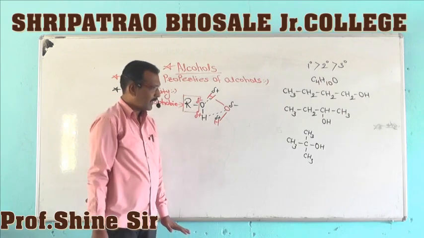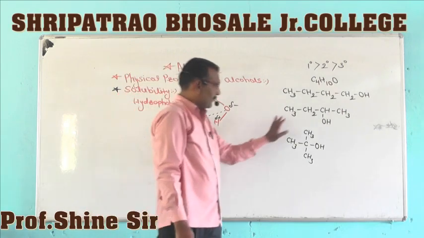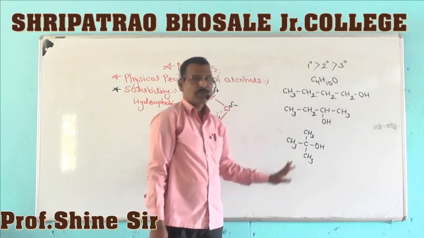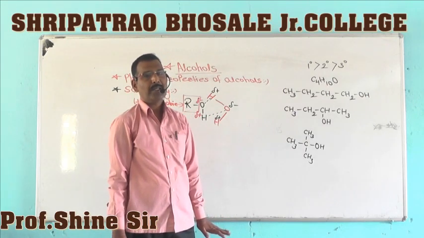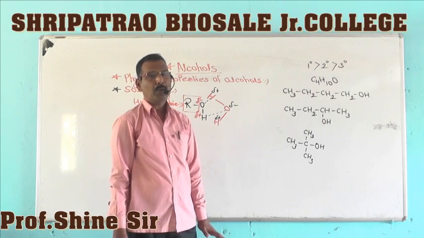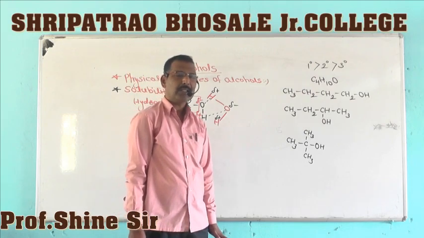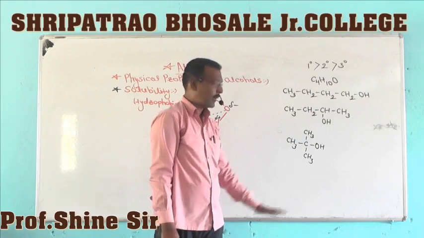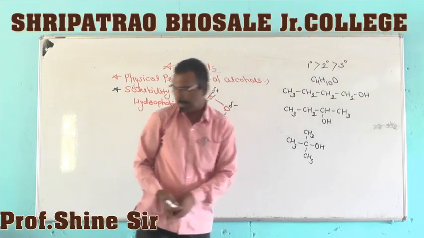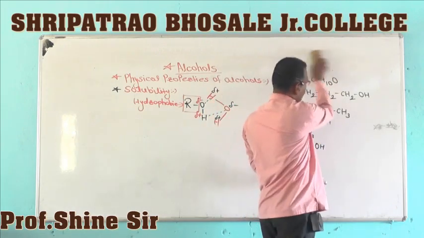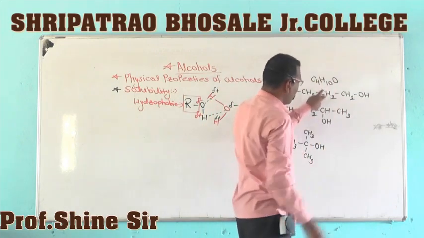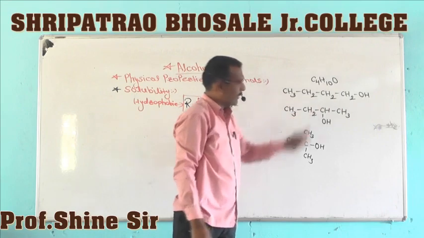Another point: if we take isomeric alcohols, what will be the solubility order in the case of primary, secondary and tertiary isomeric alcohols? For example, consider compounds having the molecular formula C4H10O.